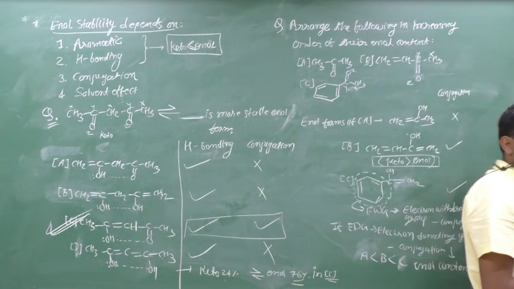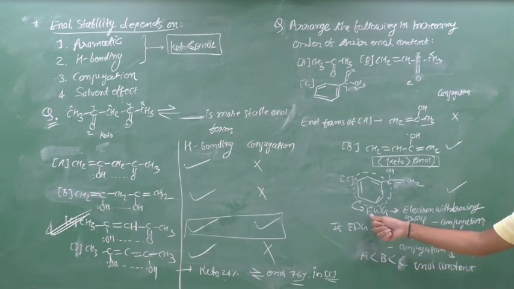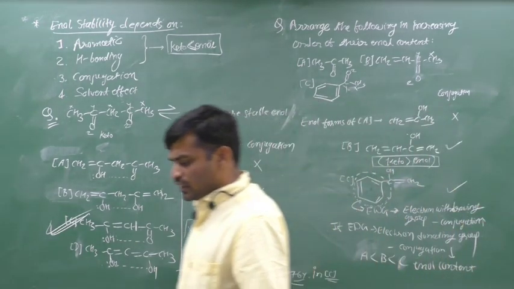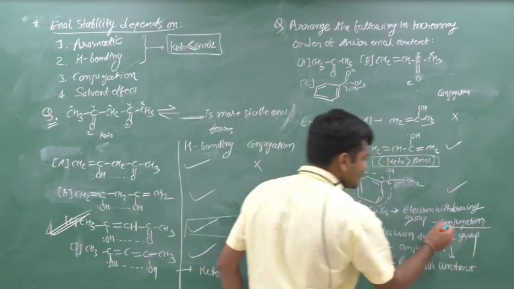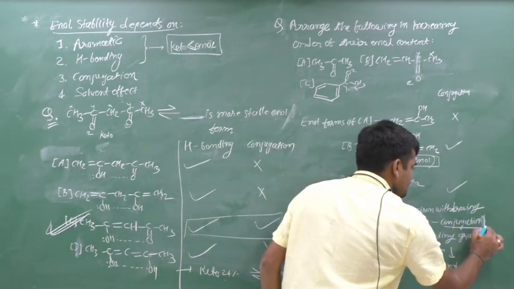Phenyl ring is an electron withdrawing group, EWG. And if any compound contains an electron withdrawing group in a conjugation, then stability increases, or conjugation increases.